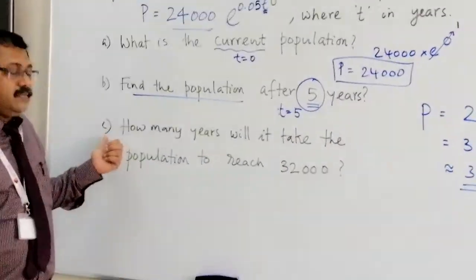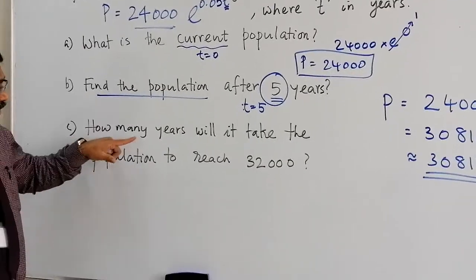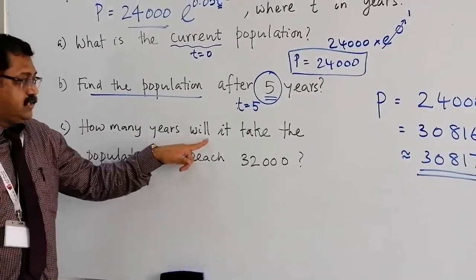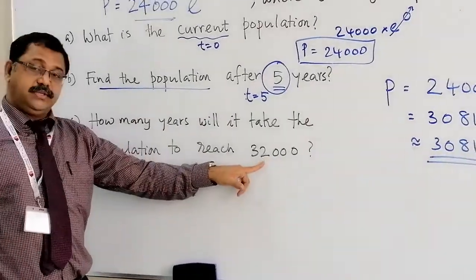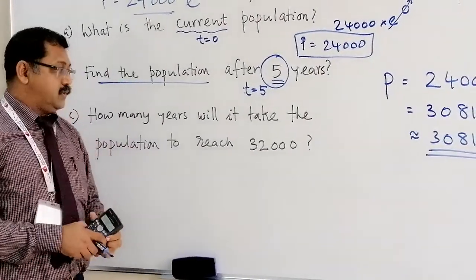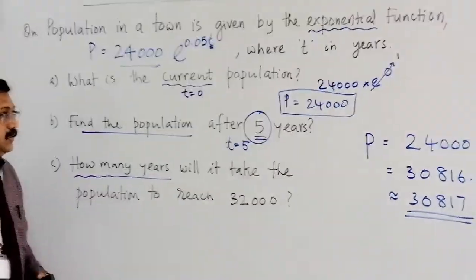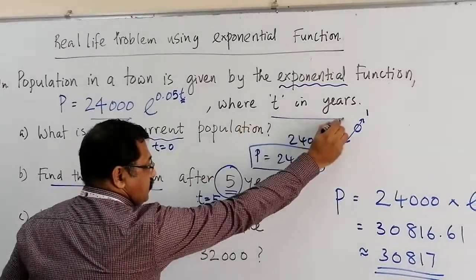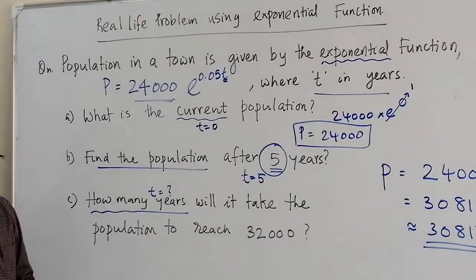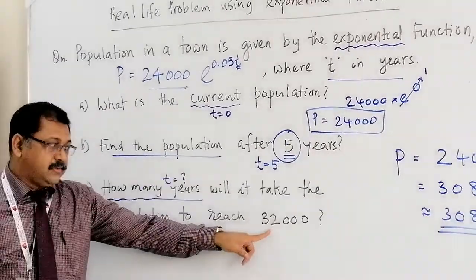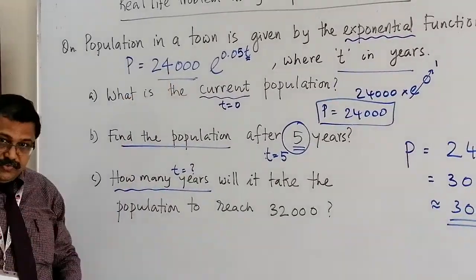Now, when we go to part C, here the question is, how many years will it take the population to reach 32,000? So the question here is, how many years? That means we are looking for t. We know now the population is 24,000.